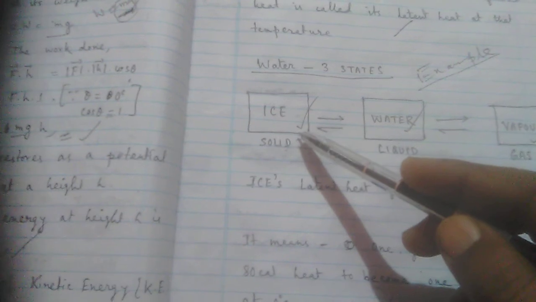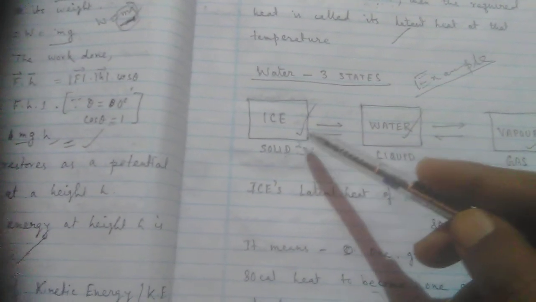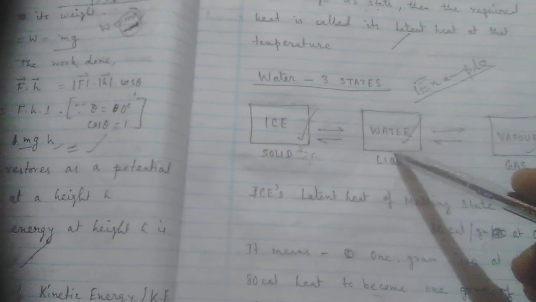You keep this ice in a container or in any environment, so it gets the latent heat from its container or the other environment. If the environmental temperature is high, or another thing is touching this ice, then it takes the heat from that source and absorbs the latent heat required to melt into water.